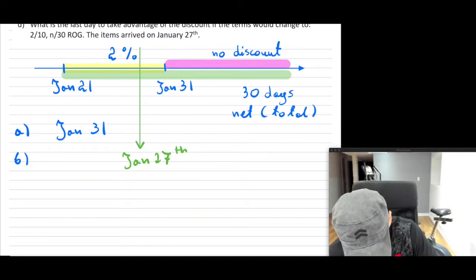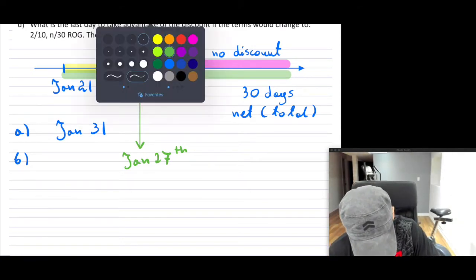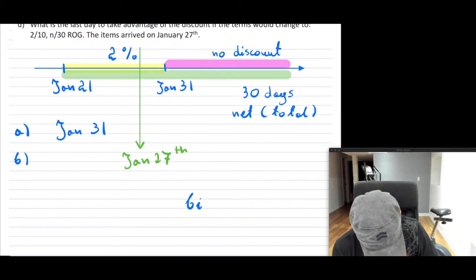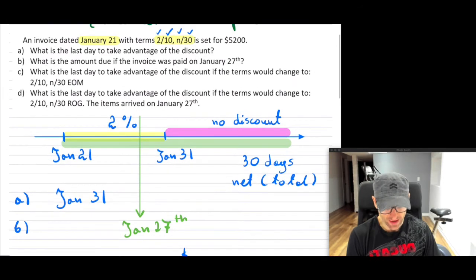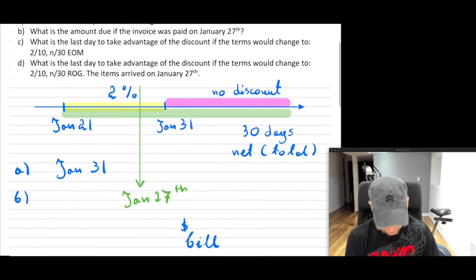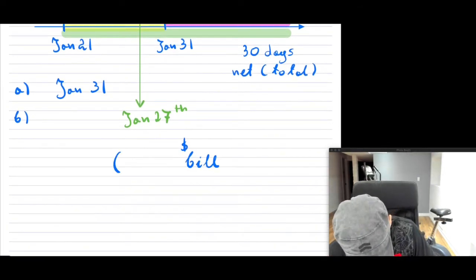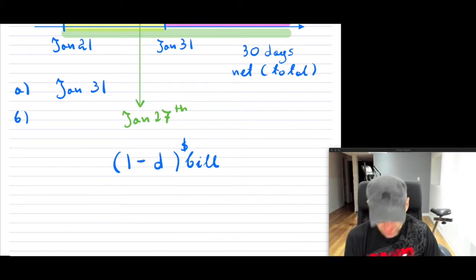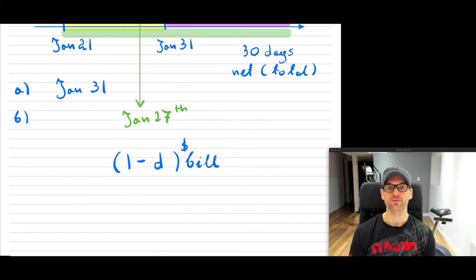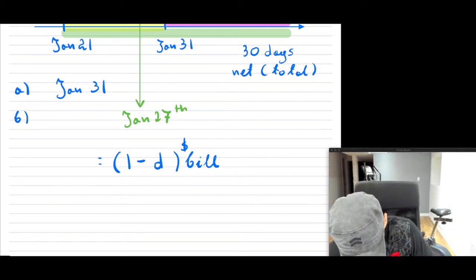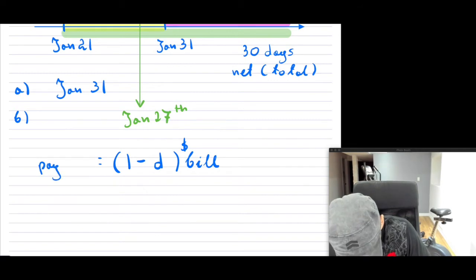So we're going to get a discount. Our bill payment, in this case $5,200, is going to be discounted by 1 minus d. That's what we always do with discounts. Whatever that rate of discount is will give your actual payment.